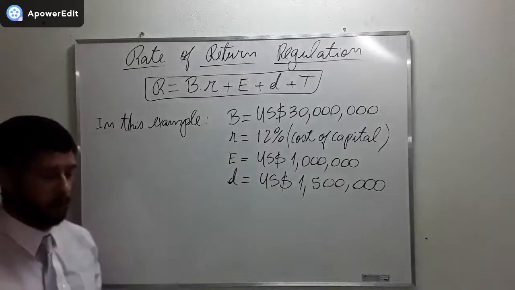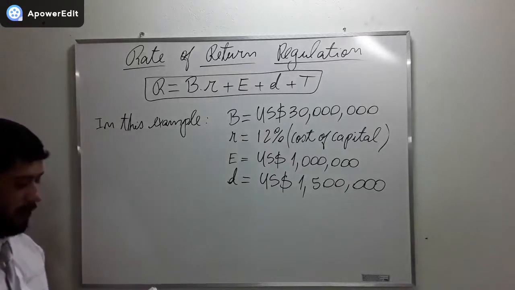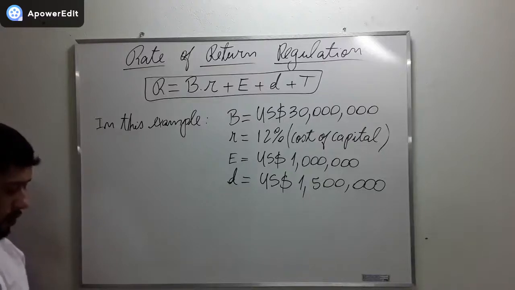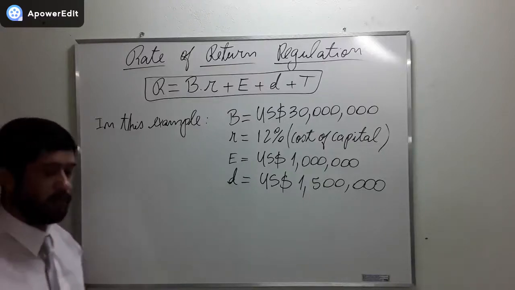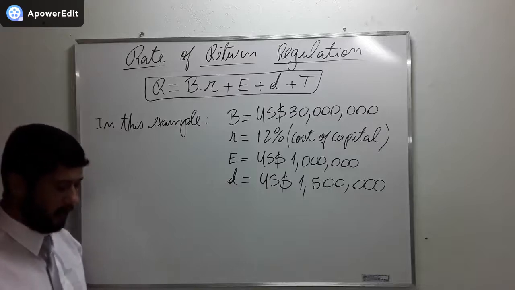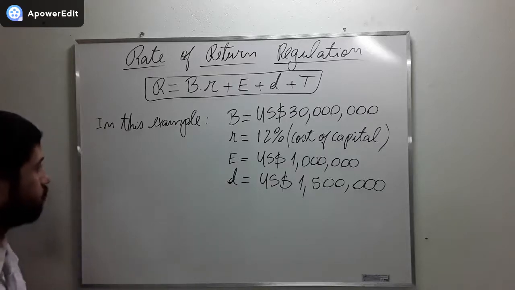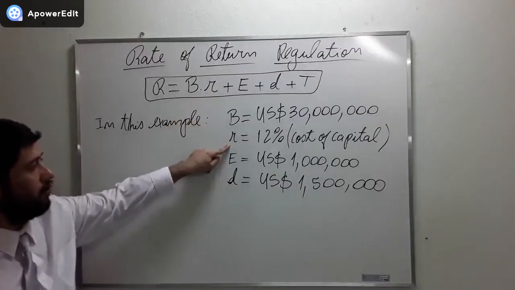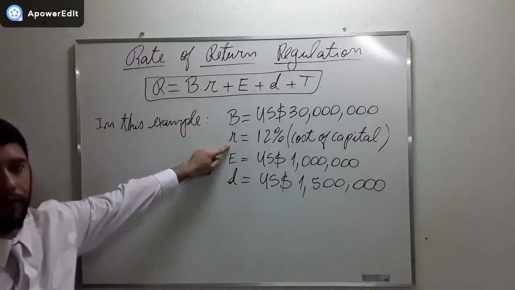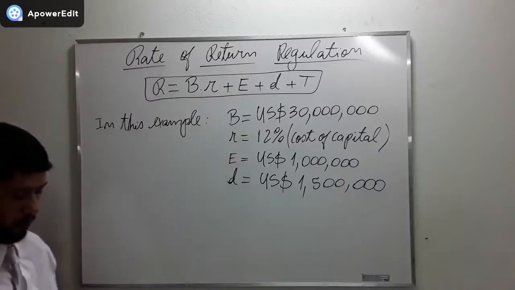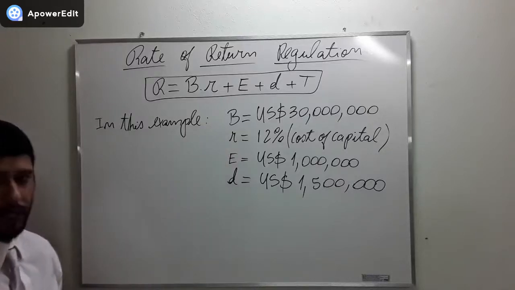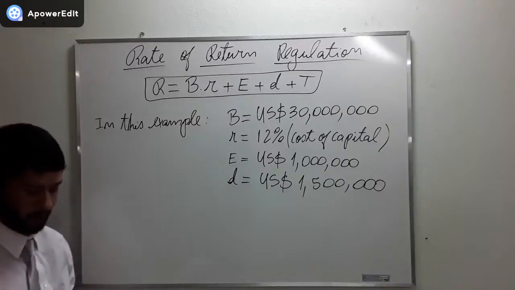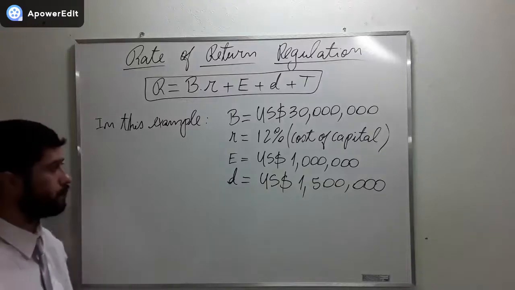The 30 million American dollars is the amount of capital or assets the utility dedicates to providing its regulated services. And what is r? r is the cost of capital, the cost the utility incurs to finance its rate base, including debt and equity.